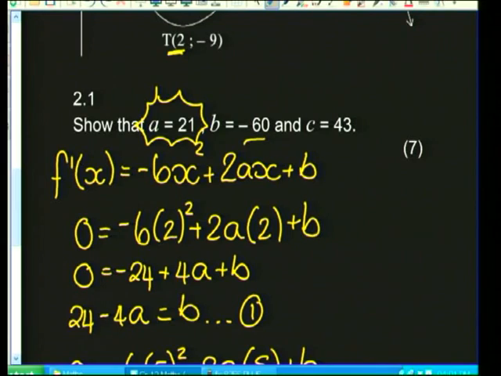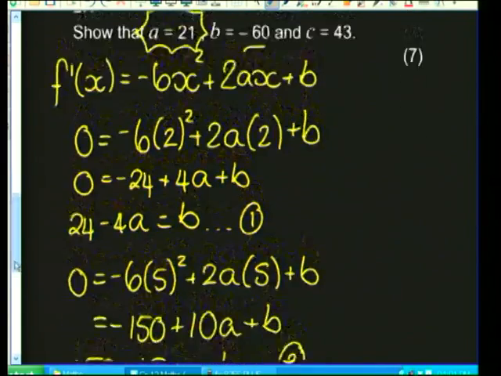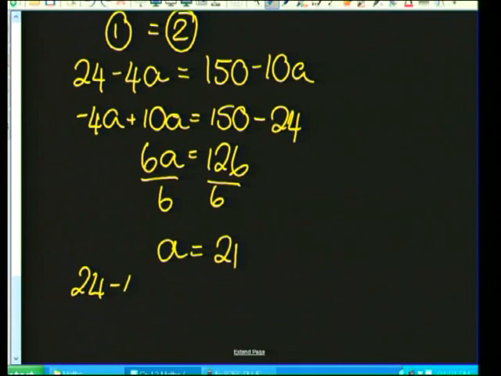The next thing they're wanting us to do is prove that b is equal to negative 60. Now remember, with a simultaneous equation, once you've found the value of the one variable, take it and sub it back into either equation 1 or equation 2. It's not going to make a difference. So let's put it back into equation 1. That was 24 minus 4, instead of my a, we know a is 21 now, and that's equal to b.